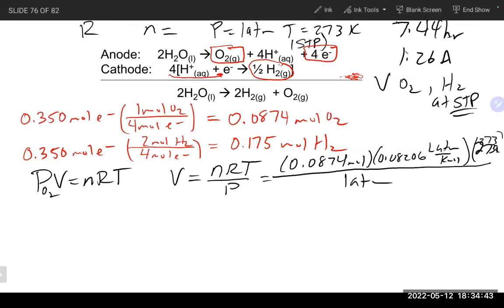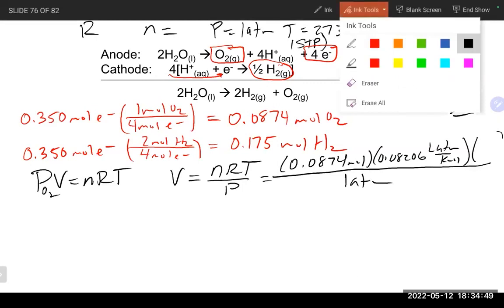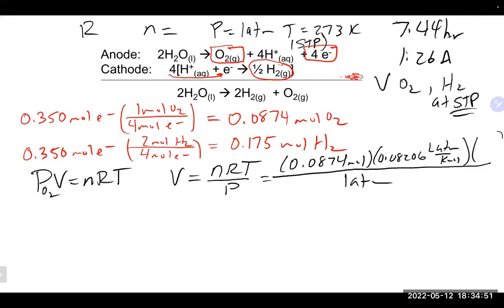Everything is going to cancel out here, obviously, except for liters, and that will get us the volume of oxygen gas at STP being like 1.96 liters, give or take, of oxygen.